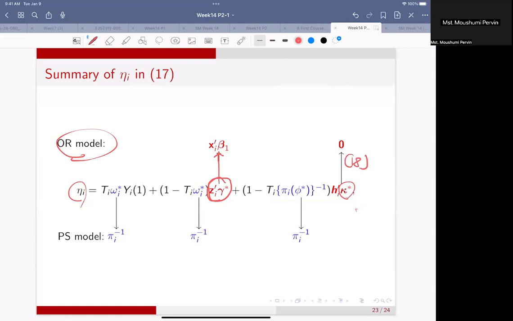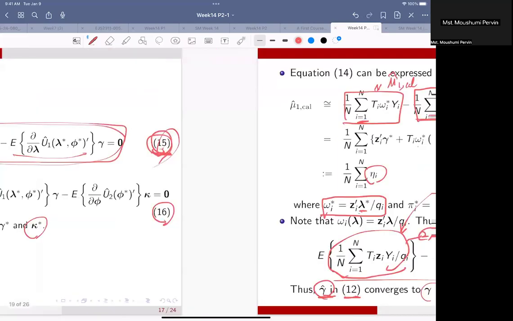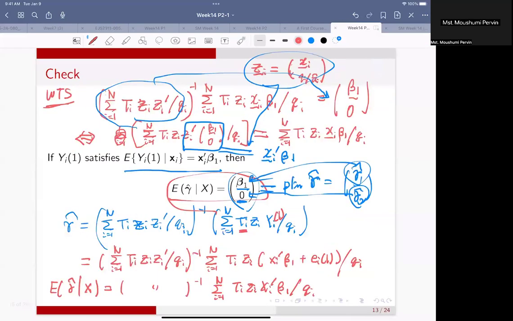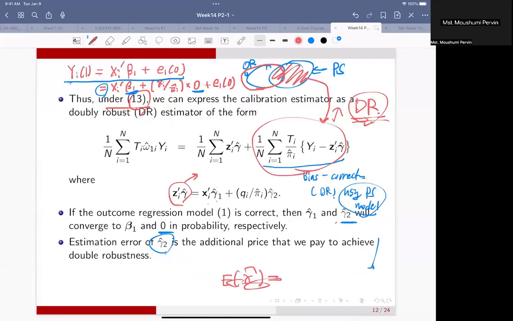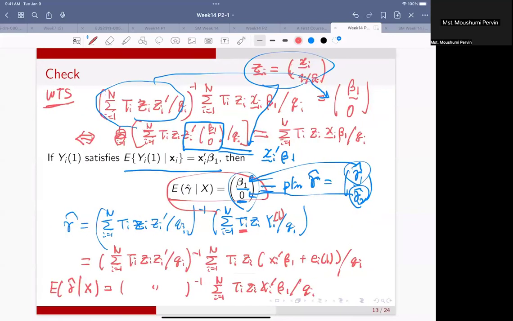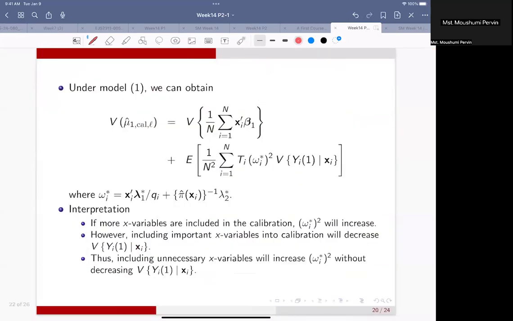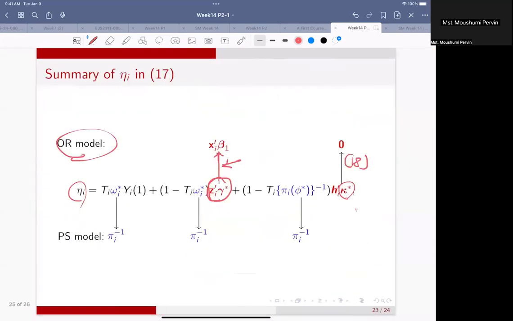And this one, I think I covered this before, here, right? So that is page 13. That is the limit point for the outcome regression model.